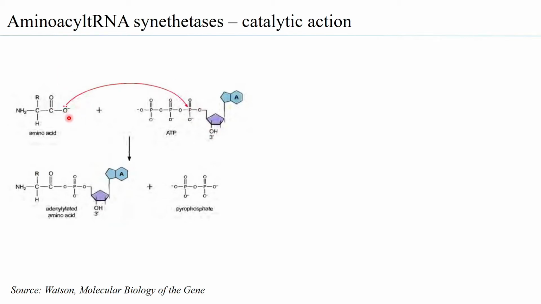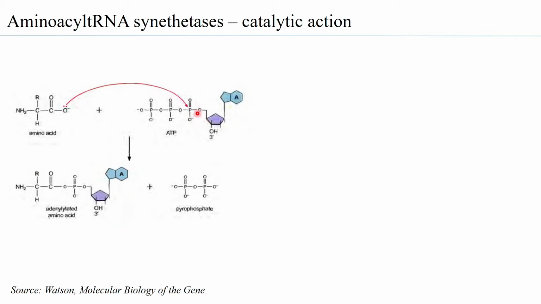So this linkage is leading to what is called adenylation. If you say adenylation, then it is ADP being bound. But because it is AMP being bound, then it is adenylation.